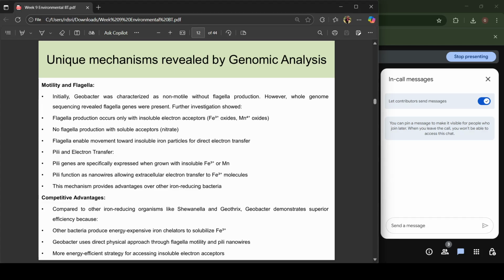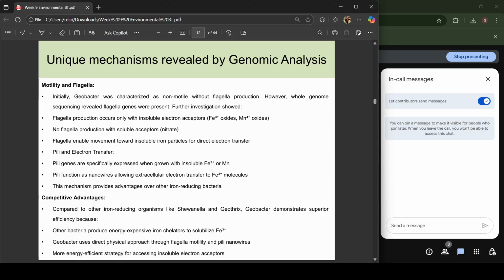The interesting factor about its flagella and pili was discovered by genomic analysis. With this, Geobacter has competitive advantages compared to other iron-reducing organisms like Shewanella and Geothrix. Geobacter demonstrates superior efficiency because other bacteria produce energy-expensive iron chelators to solubilize the Fe3+ ions, whereas Geobacter uses a direct physical approach through flagella motility and pili nanowires.